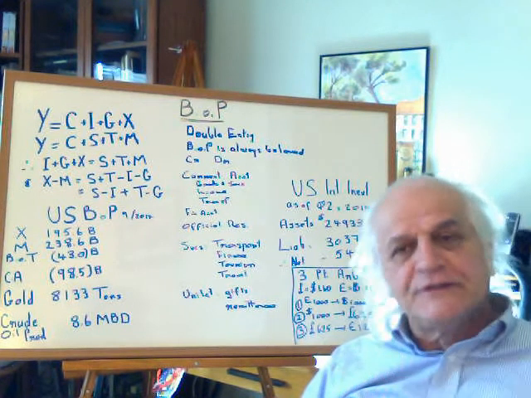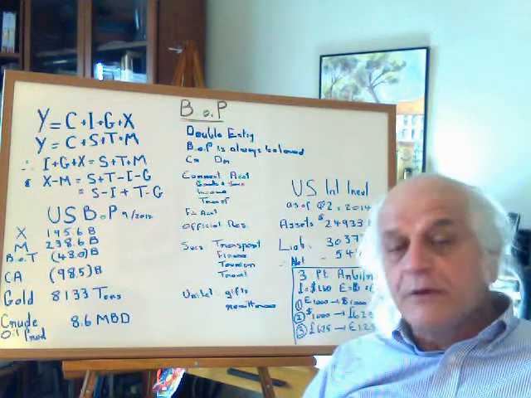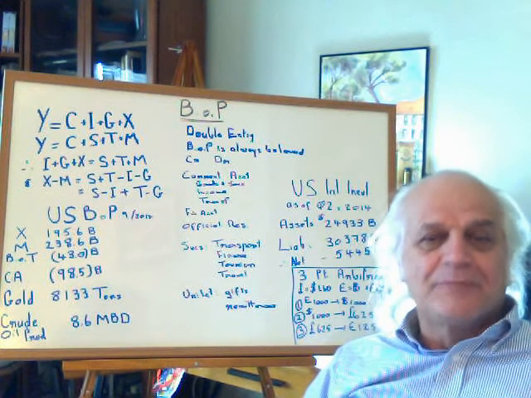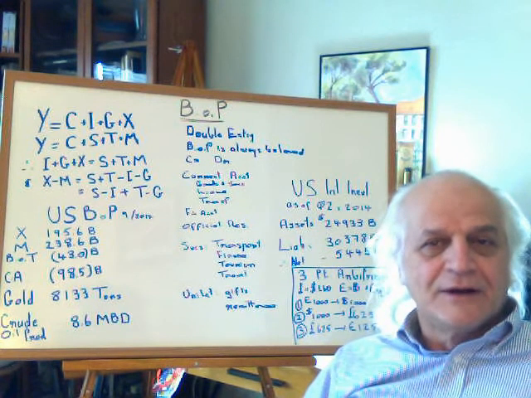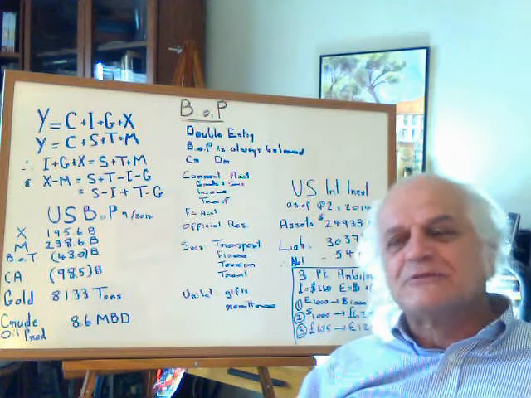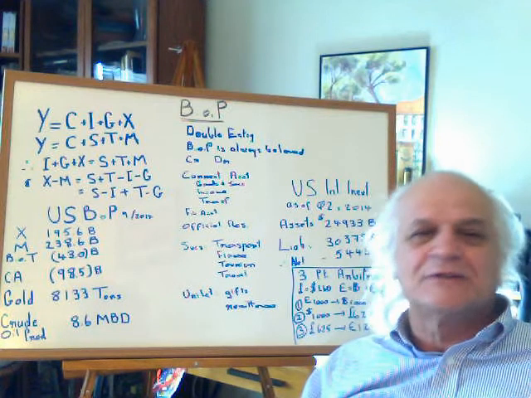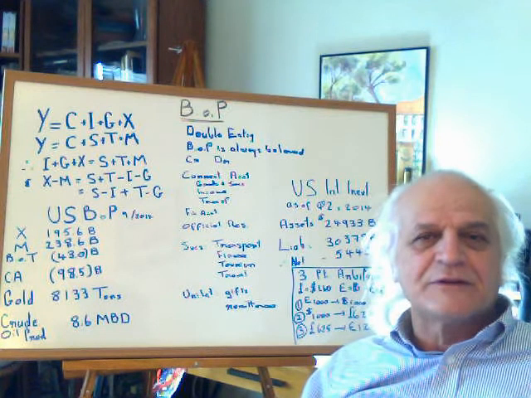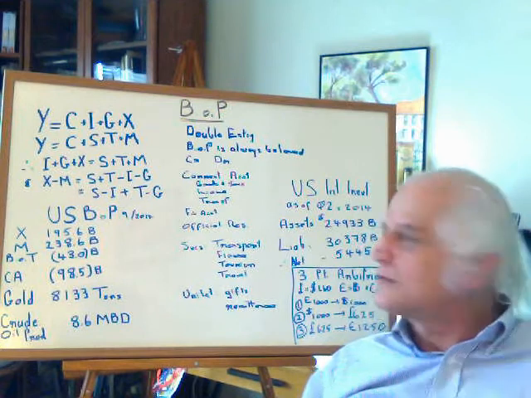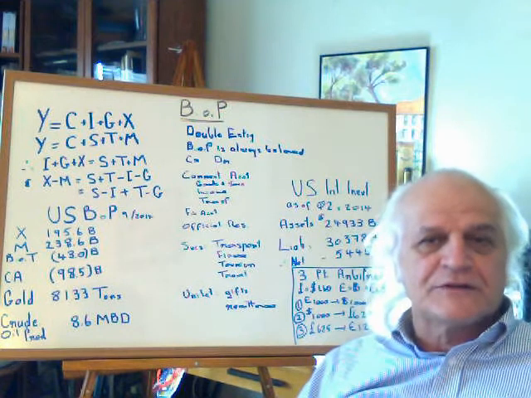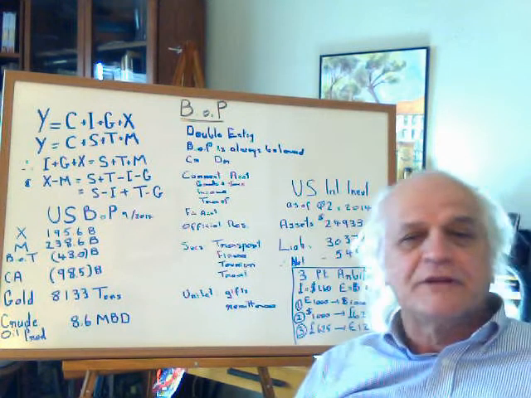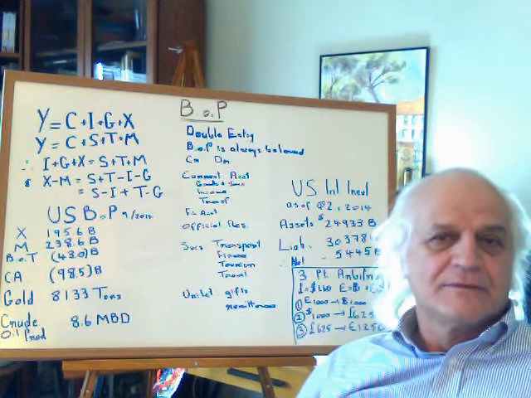Actually, the first trade deficit of only $1 billion, by the way, appeared in 1971. Then in 72 we bounced back into a small surplus, then we went back into a small deficit, then we went back into a small surplus, and then we went back into a deficit in 1976, and we've been there ever since.